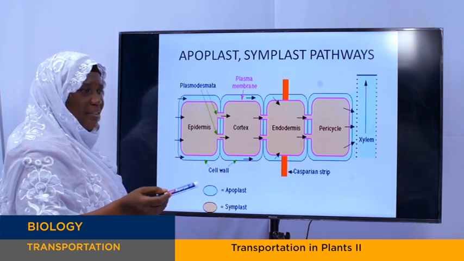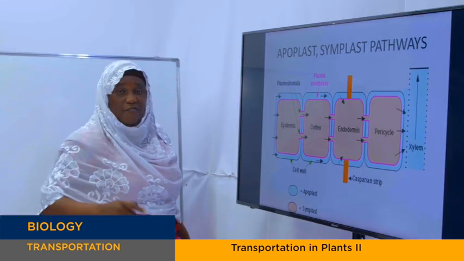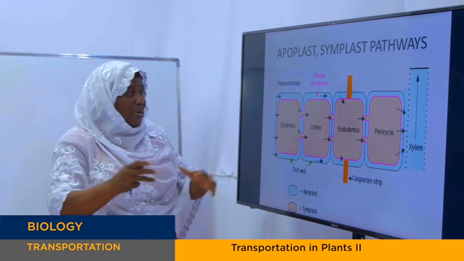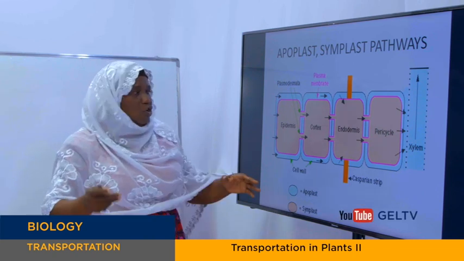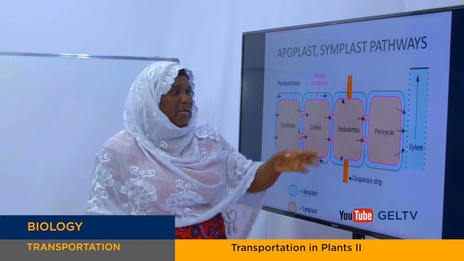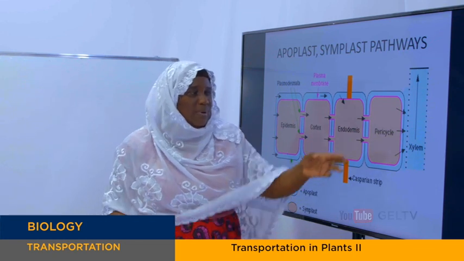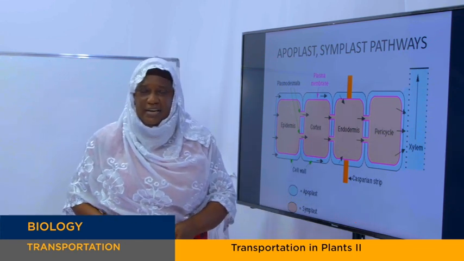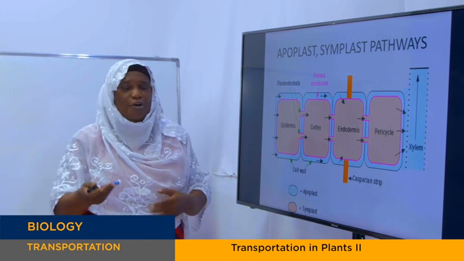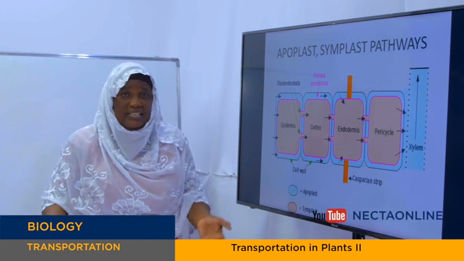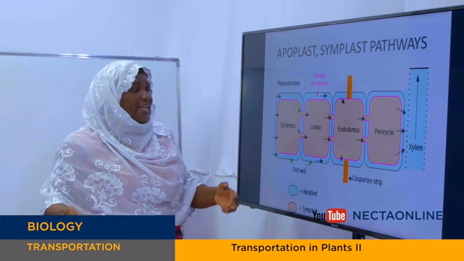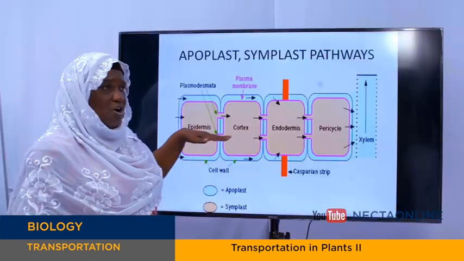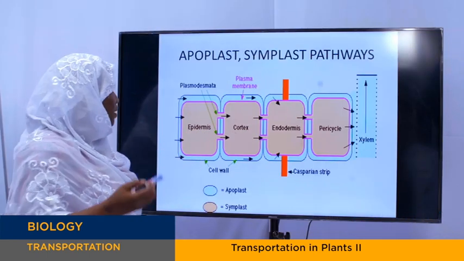It doesn't mean that the root contains only 4 cells. There are so many epidermal cells, so many cortical cells, so many endodermal cells, so many pericycle cells. But in order for you to understand easily, it is better to use only these 4 cells.